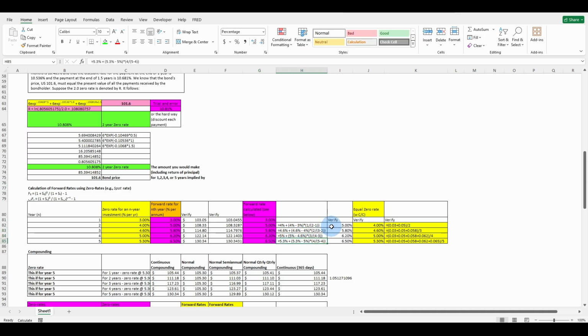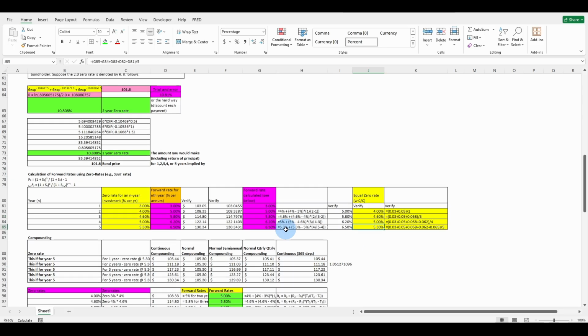And then you can verify this by 4% plus 4 minus 3 times 1 divided by 2 minus 1. And that's just verified. And then the zero rate is G82, so we have to go back to G82 plus G81 divided by 2. Remember I said we're averaging the forward rates and dividing them by the time. You're going to get your zero rate. So no challenge there. It's just a matter of following the steps.